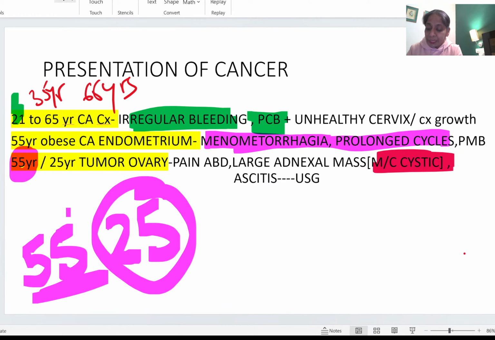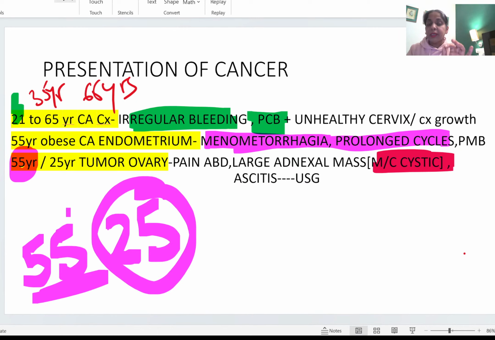When we do PA or PV, we will find a mass, and that mass will be cystic, and then we will send that patient for ultrasound to confirm our finding.